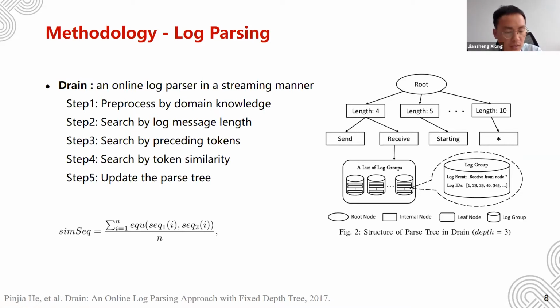Then it will search a log group, which is a leaf node of the tree, by following specially designed rules encoded in the internal nodes of the tree. If a suitable log group is found, the log message will be matched with the log event stored in that log group. Otherwise, a new log group will be created based on the log message.